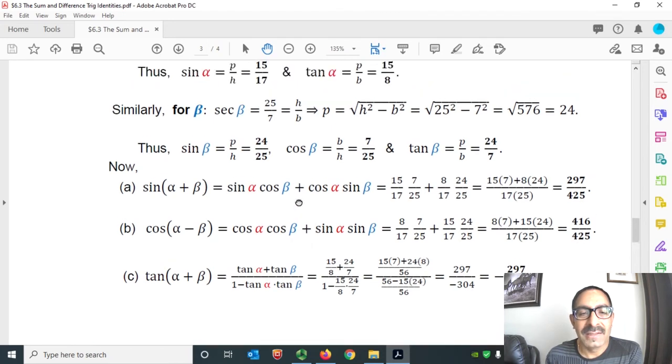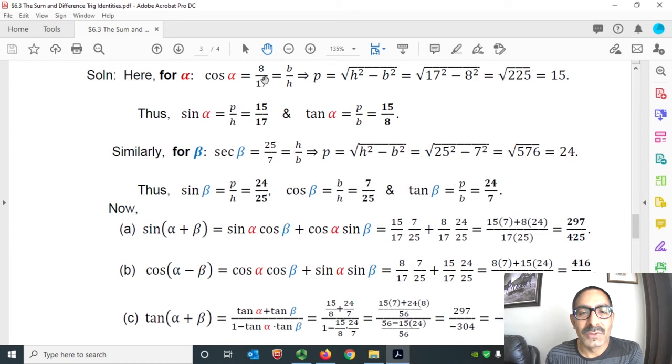Cosine alpha is the value given to us, 8 over 17, and cosine beta, we found, is 7 over 25, plus sine alpha is 15 over 17, and sine beta, we found, is 24 over 25.